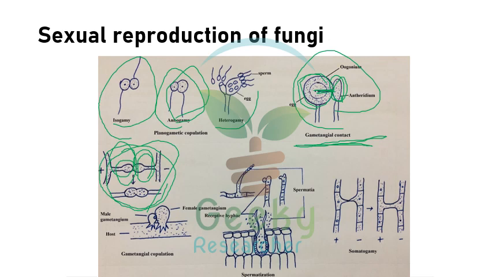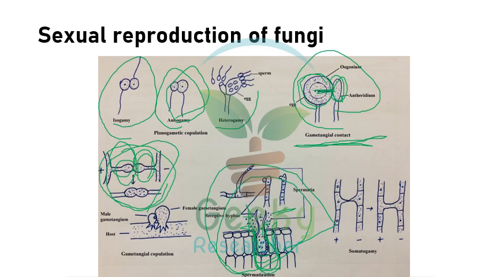The next one is spermatization. Spermatization is a kind of sexual reproduction where on the upper side we can see a flask shaped structure, that is called spermagonia, which can be seen on the upper surface and can produce both kinds of gametes, plus and minus, opposite gametes.